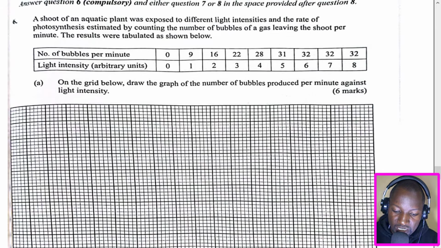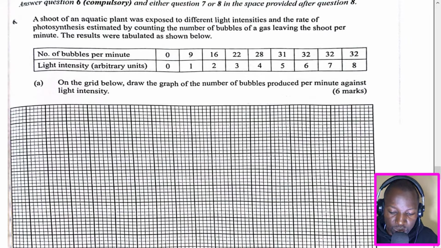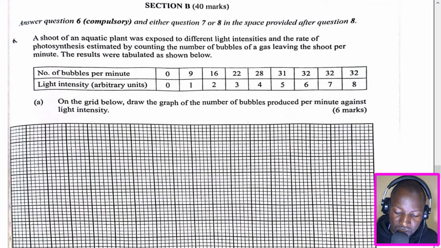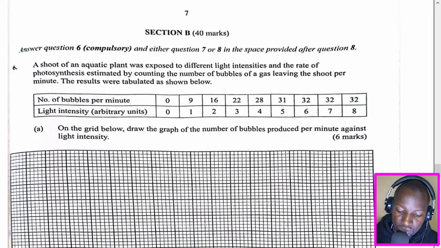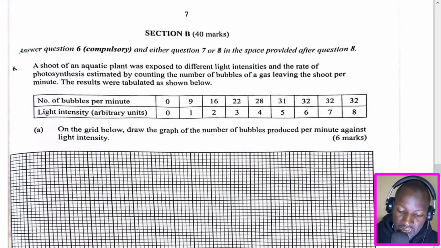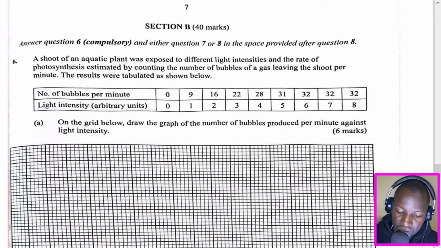So ladies and gentlemen, in the year 2022, question number 6, Paper 2 of Biology was, and I read, a shoot of an aquatic plant was exposed to different light intensity and the rate of photosynthesis estimated by counting the number of bubbles of a gas leaving the shoot per minute. The results were tabulated as shown below.